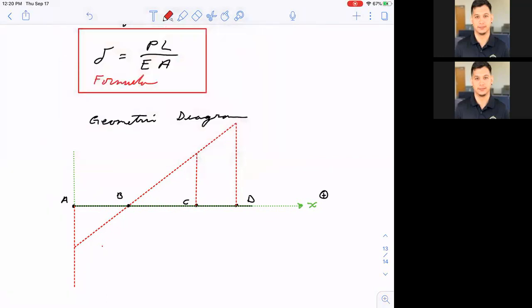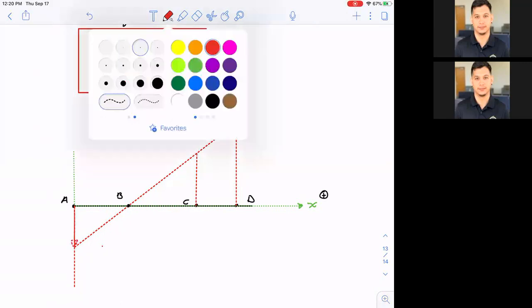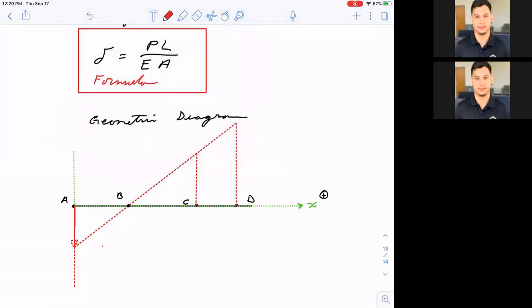So let's get A's right here. Deflection at A. Deflection at C. And deflection at D. Okay, and now we need to establish the relationship.